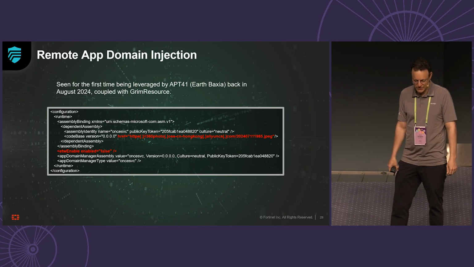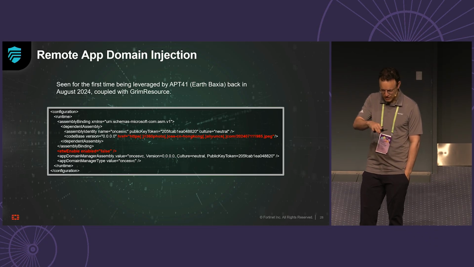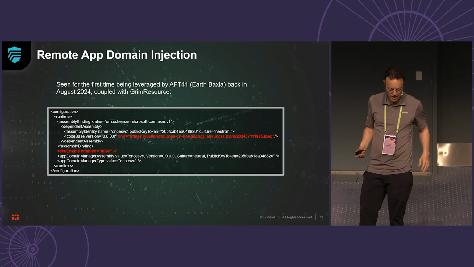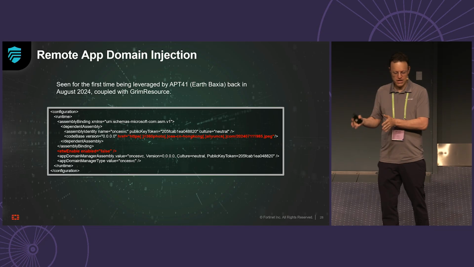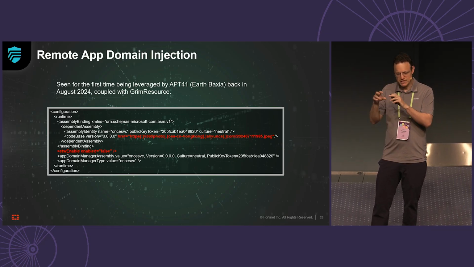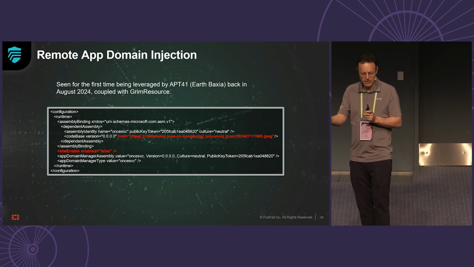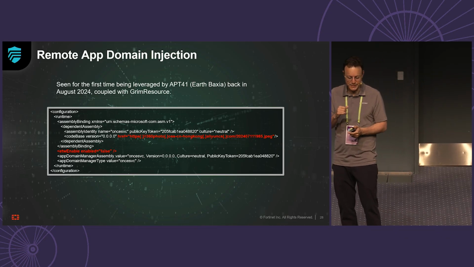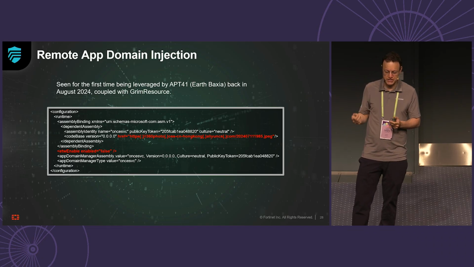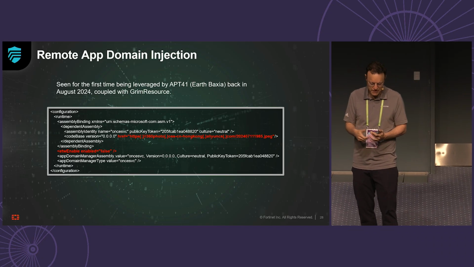Another XML file. So the way AppDomain injection works is, for every .NET executable, within the directory where the executable lives, if you have a .config file with the same name as the executable, and that .config file is an XML in the format that the AppDomain manager is expecting, it's going to look at this XML to load assemblies, which are basically DLLs.